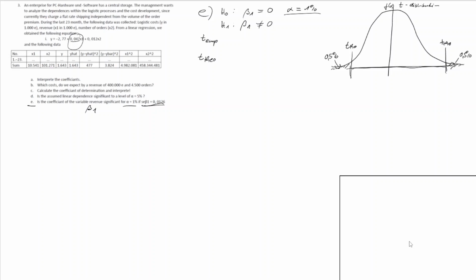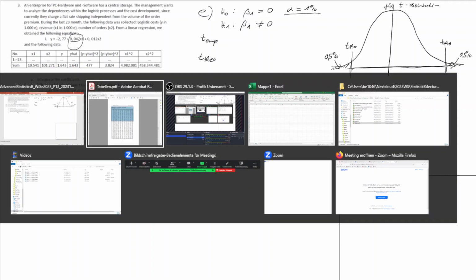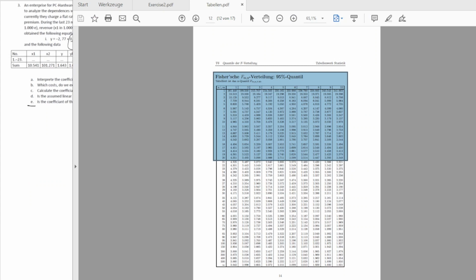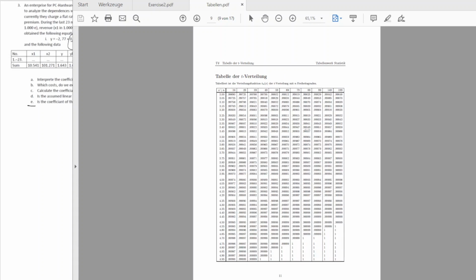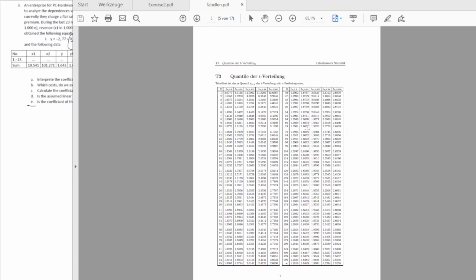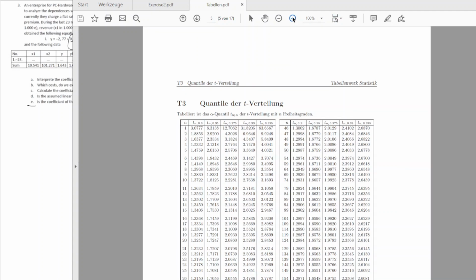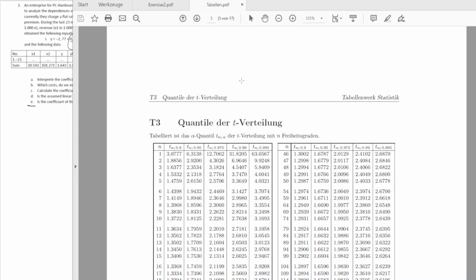So then let's go also at first into the table for the t-distribution. This we have from 7 on. So I think here we are. So what we need is alpha for a significance value of 1%.